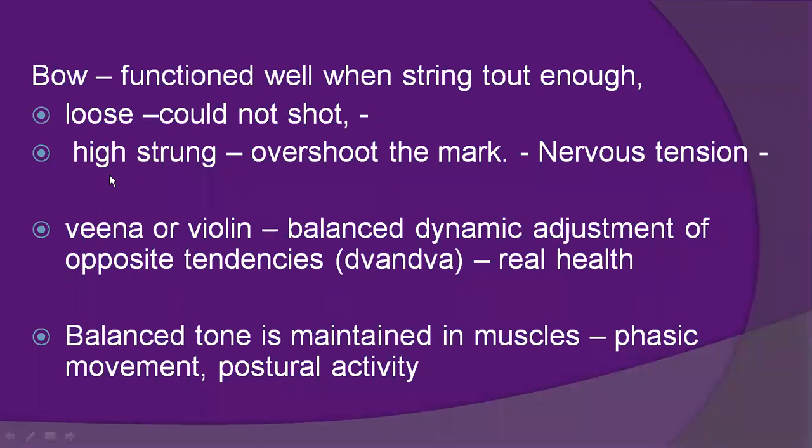But if you over-exert, if you are overly stringing, what happens? It overshoots the mark. So here it will result in nervous tension. So you should make it taut only as much as we need.